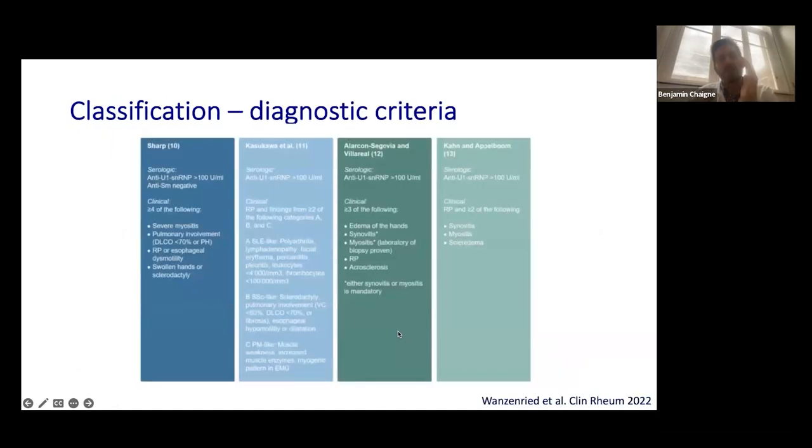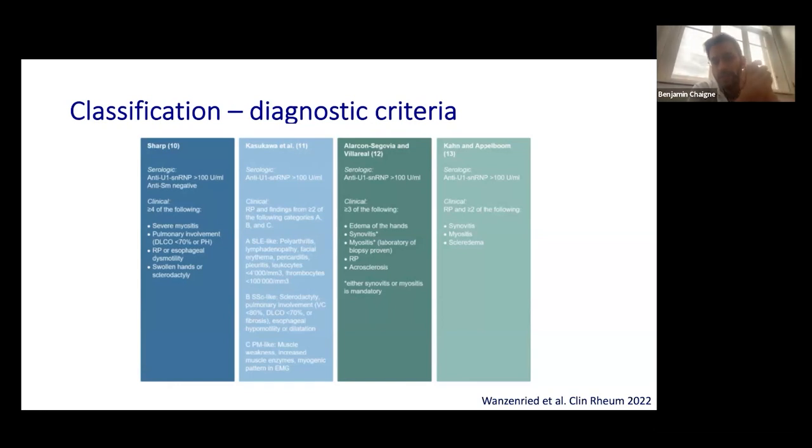Next, we want to talk about classification, because this is part of the issue that we have with MCTD: there are four classification or diagnostic criteria when you look at MCTD in the literature, at least four. There is the Sharp classification, which defines patients with MCTD as long as they have positive anti-U1 RNP antibodies, no anti-Sm, and clinical features of SSc, myositis, RA, such as inflammatory myositis, pulmonary involvement, which could be pulmonary hypertension, decreased DLCO, esophageal dysmotility, Raynaud phenomenon, which is probably one of the main concerns in this disease, swollen hands, and sclerodactyly.